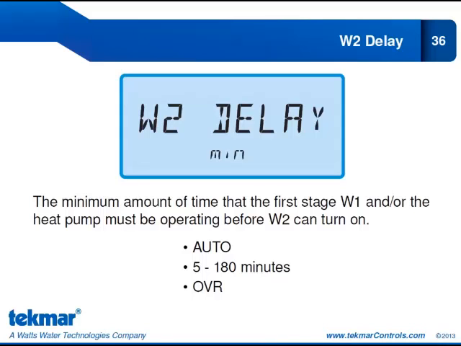Now we can set this to auto, in which case there is no additional delay. We can set it for a time ranging from 5 to 180 minutes. So if you want to, you can hold that off for an extra 3 hours. Or you can set it to override. And in override, W2 will only turn on when you're in emergency mode. So emergency mode is when your heat pump is not operating.